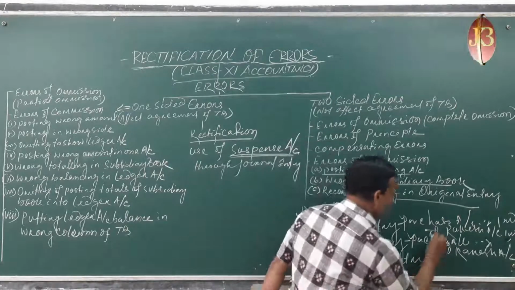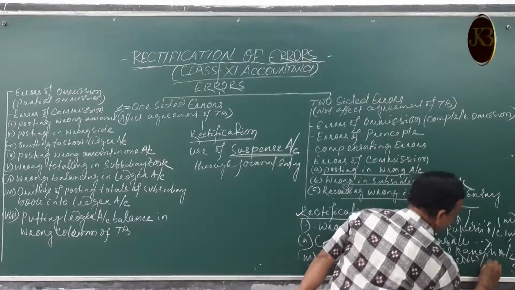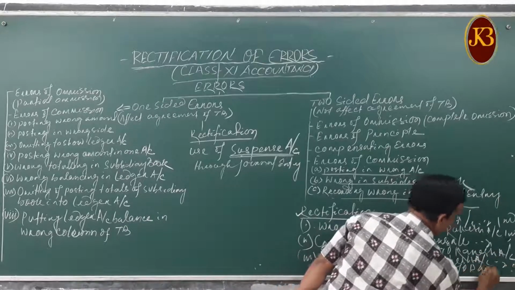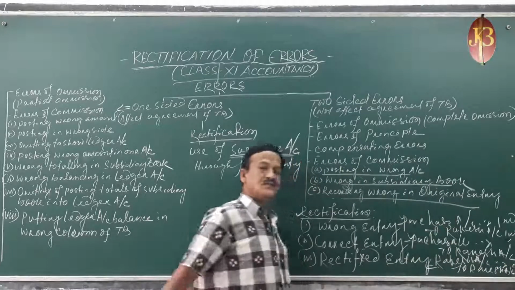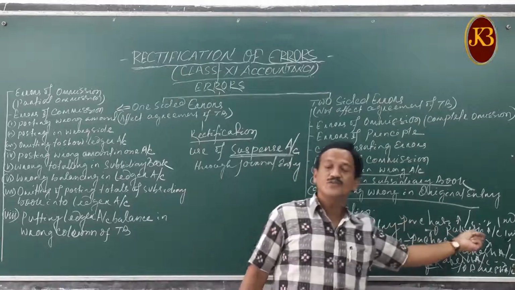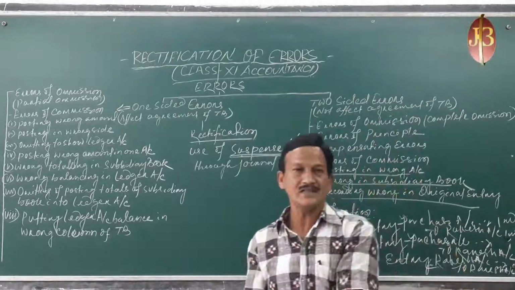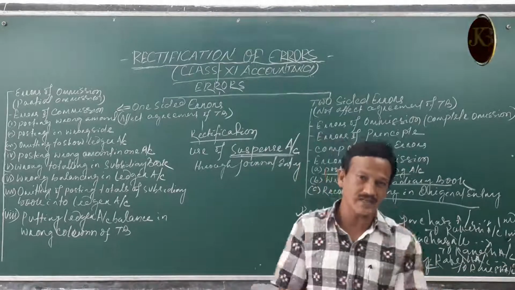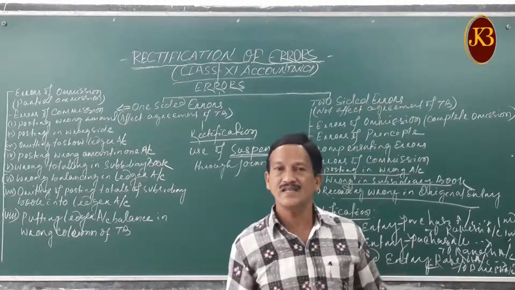So the rectifying entry is Rakesh account debited to Ramesh account. So this is rectified. That means the entry which is wrong in the debit, make it credit, so it will be cancelled, and the entry which is to be correct, make it debit or make it credit.